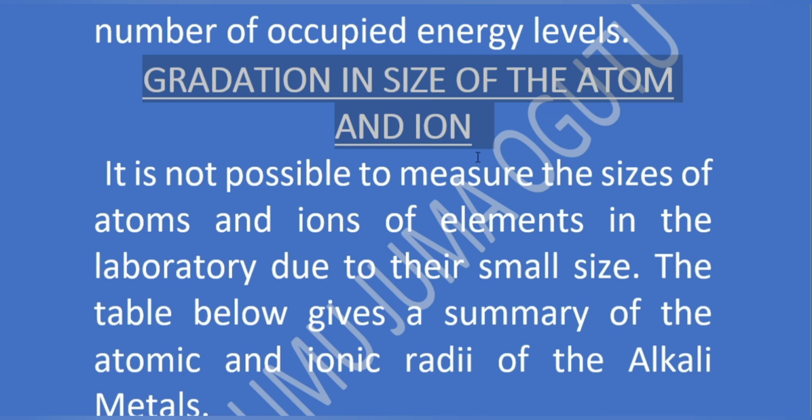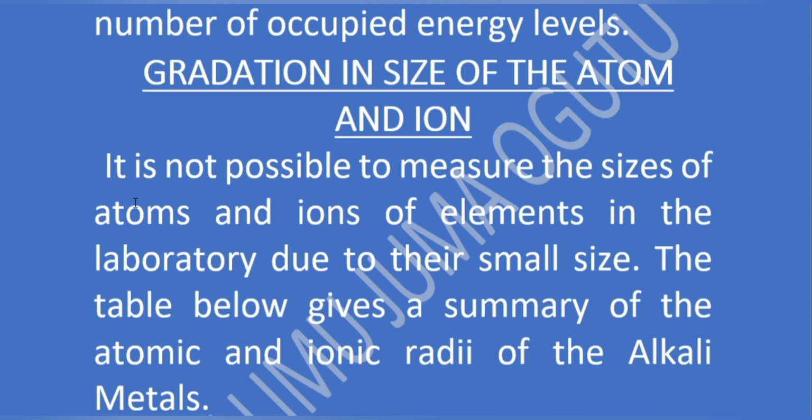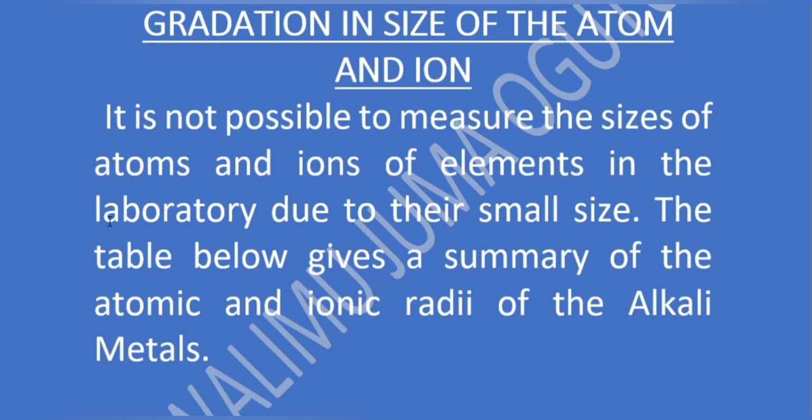Remember when we defined what an atom is, we said it's the smallest particle that can take part in a chemical reaction. It will be impossible to measure the size of the atoms and the ions of the elements in the laboratory due to their small size. Now we have here a table.